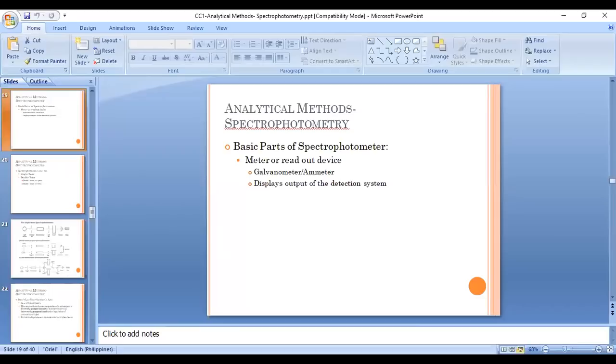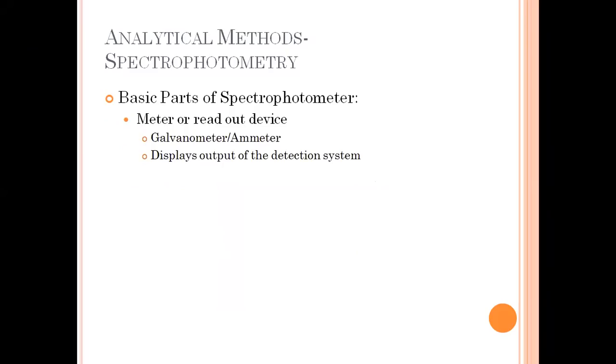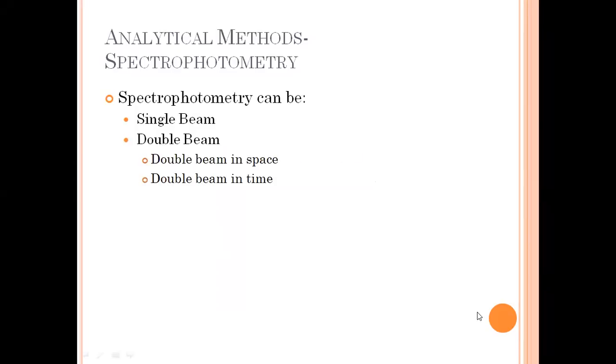Okay? So, again, dito tayo nag-stop with the last component of our spectrophotometer, which is actually the meter or the readout device. Okay? So, your spectrophotometry, this method could either be a single beam or a double beam spectrophotometry.